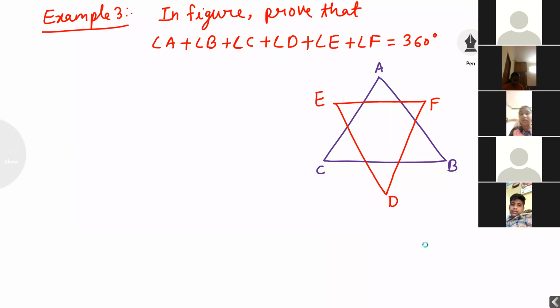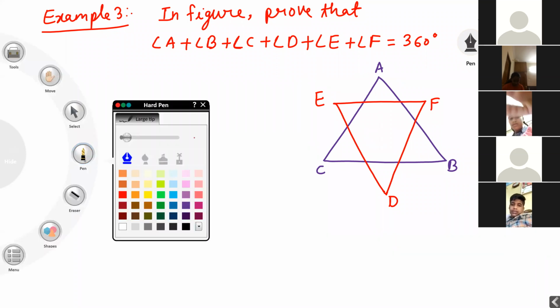Note down. Already you know students, if I want to prove any question, firstly I want to write given, to prove and proof. Note down. Given. Don't write directly student. Always keep in mind.